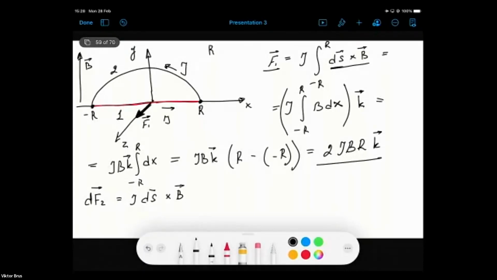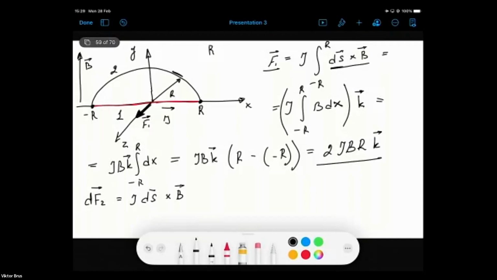So now it is necessary to define this ds vector, because we don't have any straight line here, so we need to think how we can deal with this. So we consider some radius r of this semicircle.